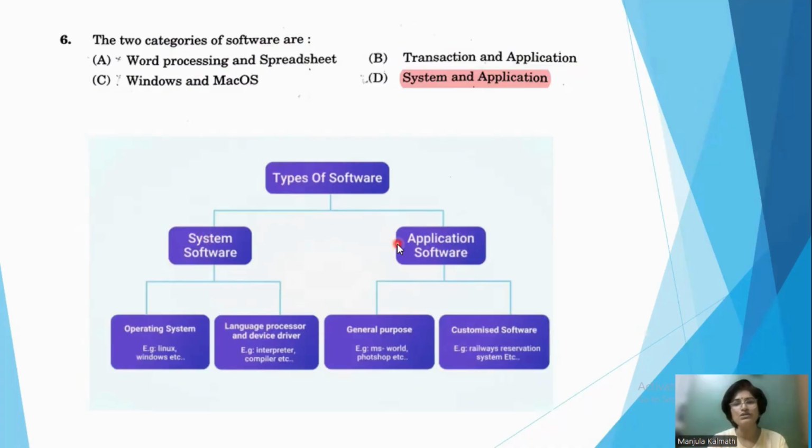So application software is developed by end users, whereas system software is developed by the developers. Further, system software can be classified into the operating system as well as language processors. The operating system is a platform which enables the user to develop their own programs, as well as install software and run programs within it. Examples of operating systems are Linux, Windows and so on.